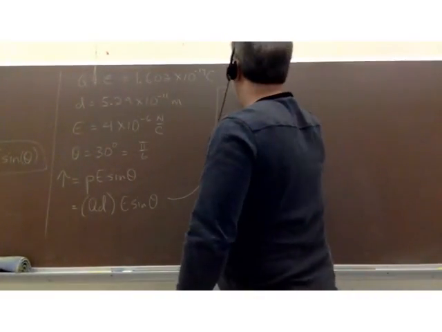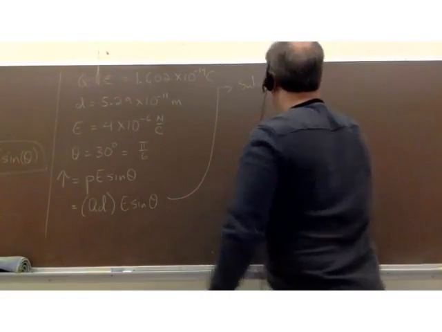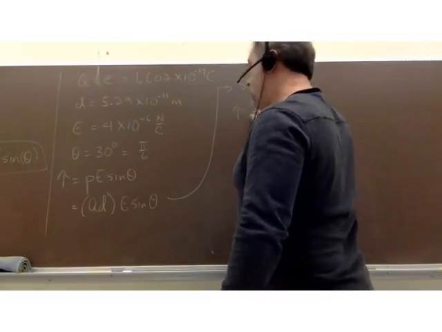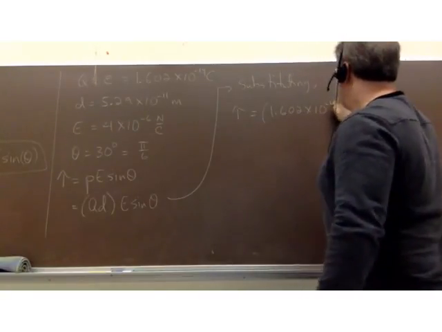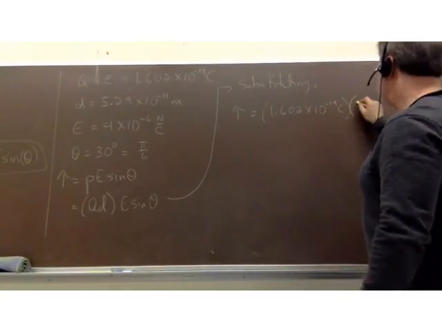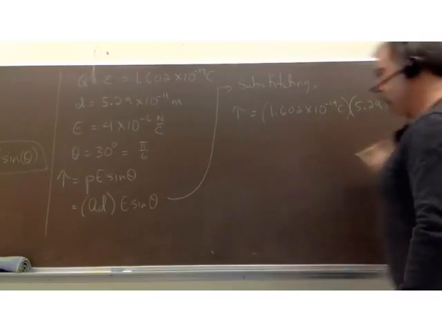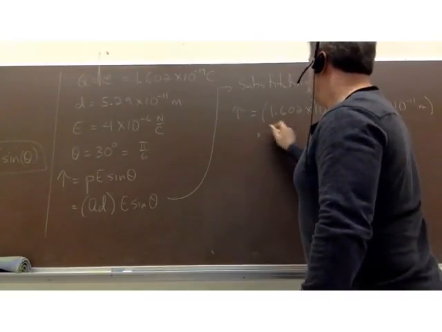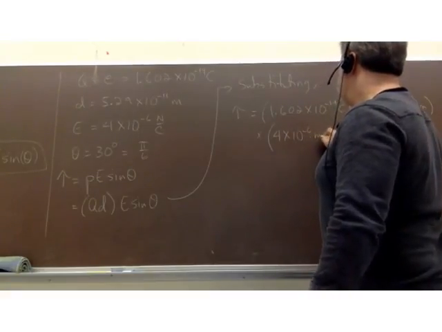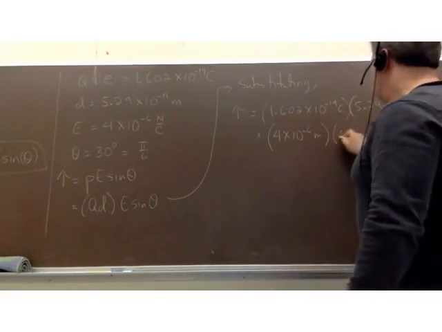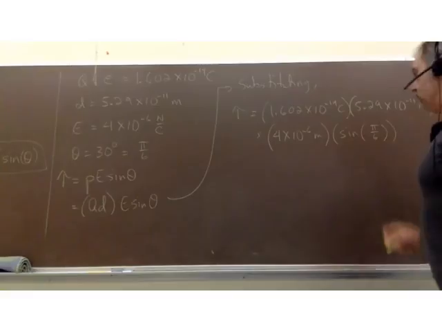And so then we substitute in the numbers, and we come up with the magnitude of the torque: 1.602 times 10 to the minus 19th coulombs times the distance between them, 5.29 times 10 to the minus 11 meters, times the electric field, which I said was 4 times 10 to the minus 6, and then sine of pi over 6 radians, which is 30 degrees.